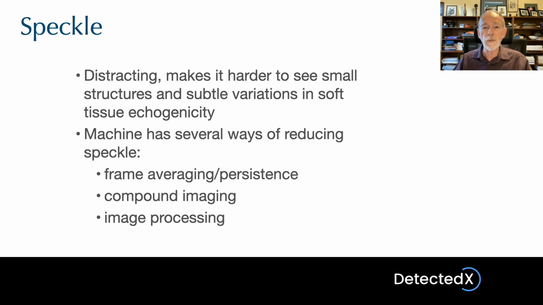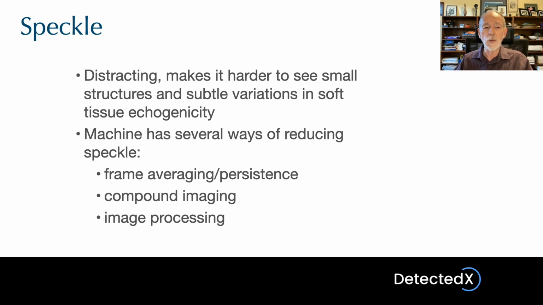Because there's likely to have been some change from one image to the next, the speckle patterns will be different, and when we average them together, they become smoothed out and reduced in their strength. So the speckle is reduced by using frame averaging. Frame averaging can only be used when we have relatively static tissues. If we had very dynamic tissues, it would lead to blurring because we're averaging successive images together.